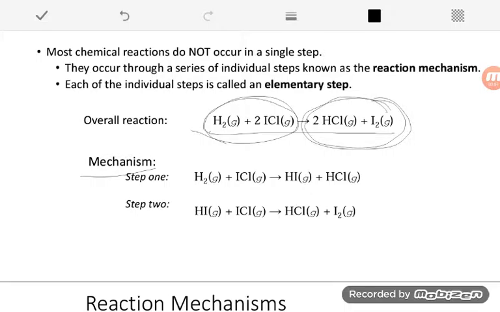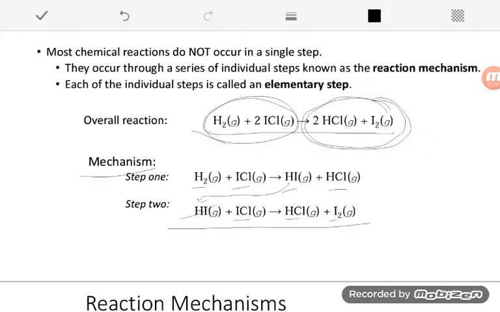So for instance, here's a mechanism for this above overall reaction. First, an H2 and an ICl react to form HI and HCl, and then this molecule reacts with a second ICl to form HCl and I2. Now we can see the overall reaction if we add these steps together. Now we're going to add them up like we do algebraic equations, so things on the same side will add together and things on the opposite sides will cancel.